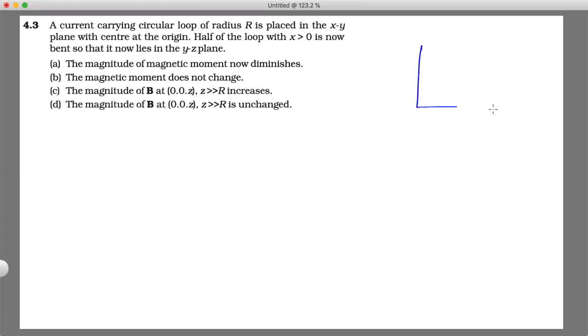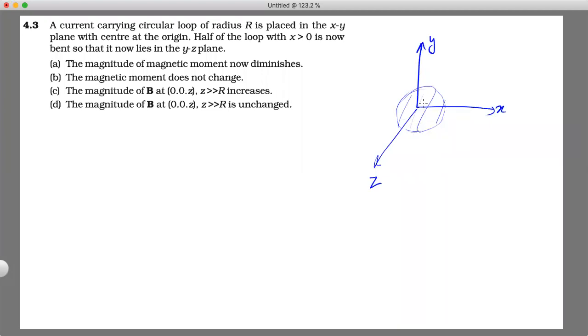So we have this, and there was a loop which was like this, in this x, y, z. It was in the plane of the paper.